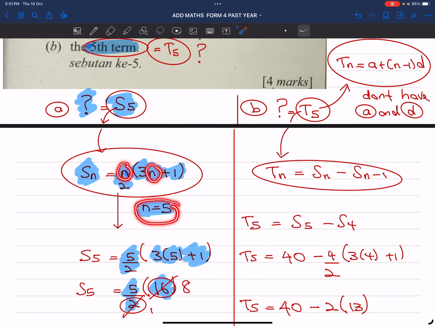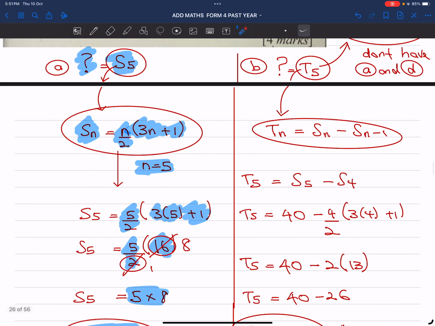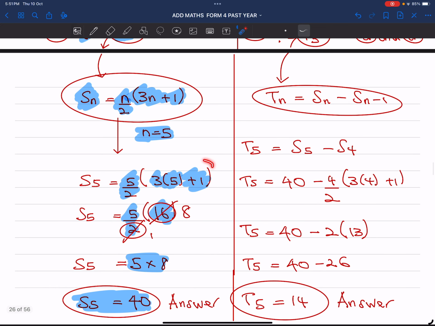So replacing n: 5 over 2, 3 times 5, plus 1. We shall do the brackets first. 3 times 5 is 15, plus 1, 16. So we have 5 over 2 times 16.